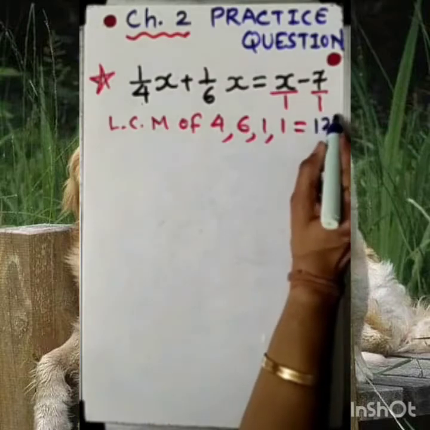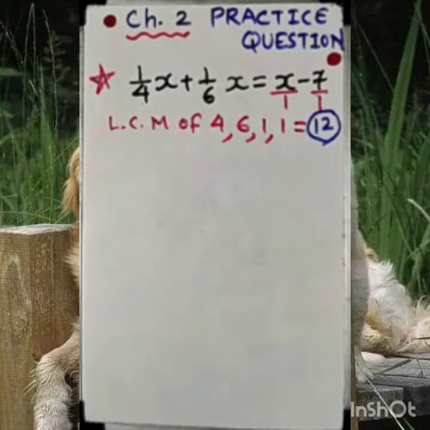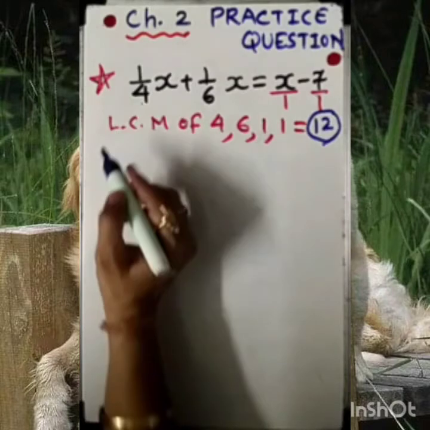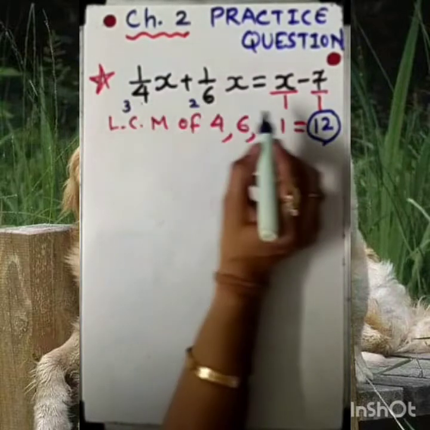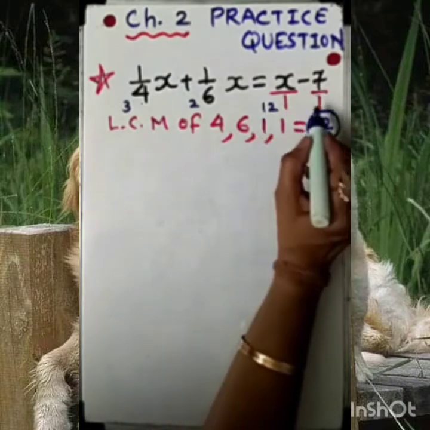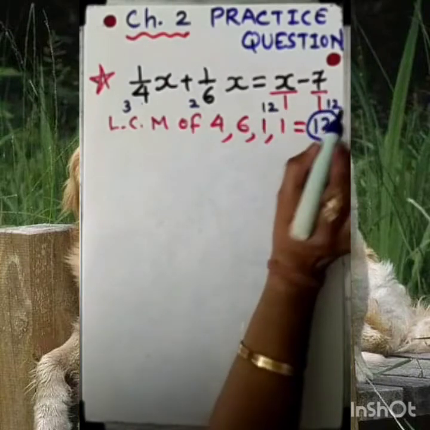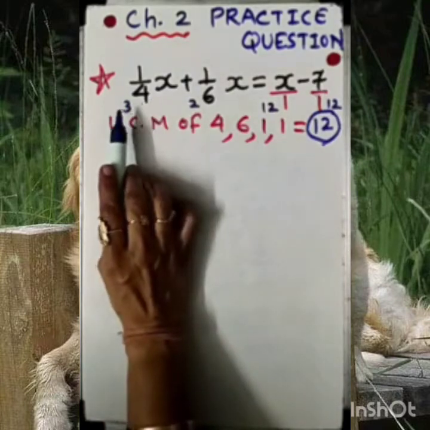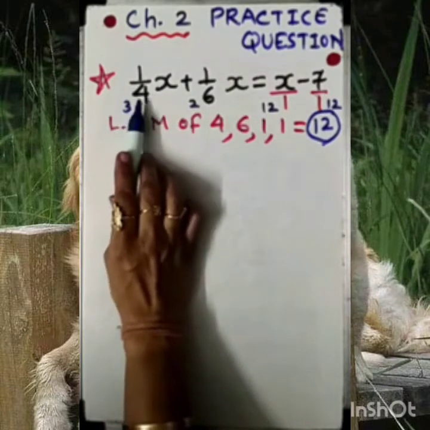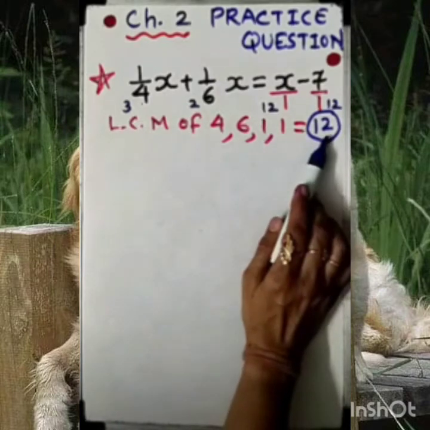If you find it in the rough column, you will get 12 as the LCM. So dear student, 4 3s are 12, 6 2s are 12, 1 12 is 12, 1 12 is 12. With the small writing I have mentioned the number with which we multiply the denominator, and we have the LCM 12.